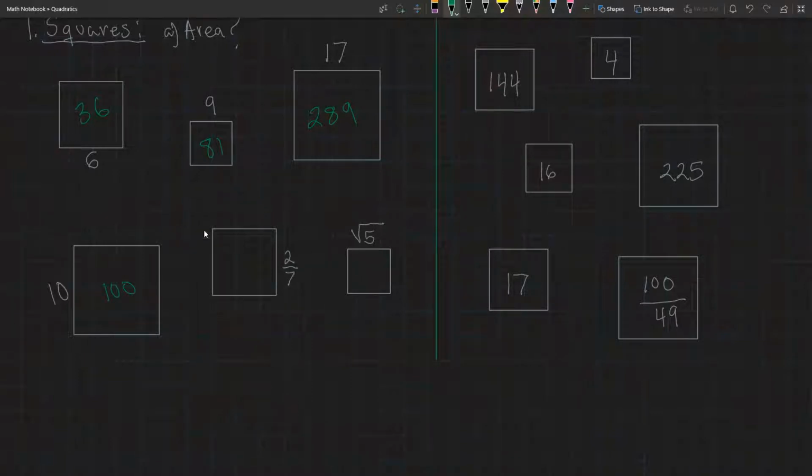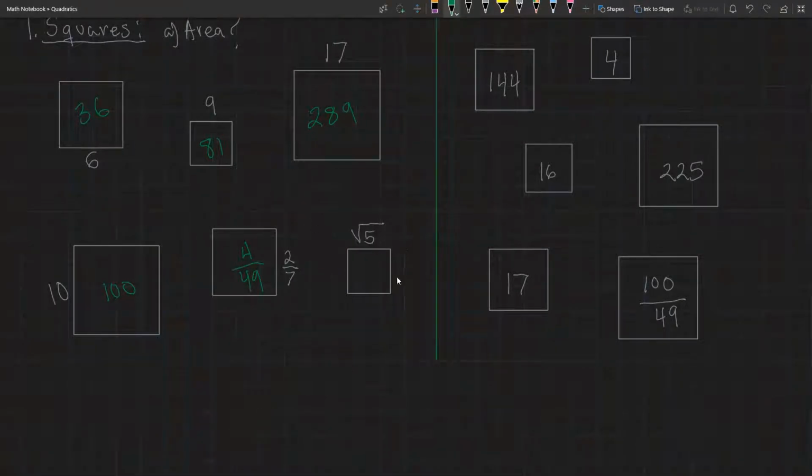And for this type of square, remember that we're going to square the numerator and denominator. So what's the numerator squared? It is 4. And the denominator squared is 49. So 4 over 49. That should be the area of this square. And remember that this is one of those special examples. If you don't understand it, refer to the previous video.